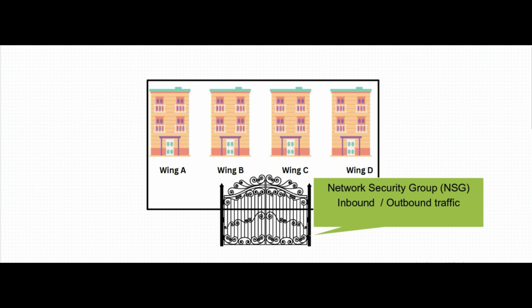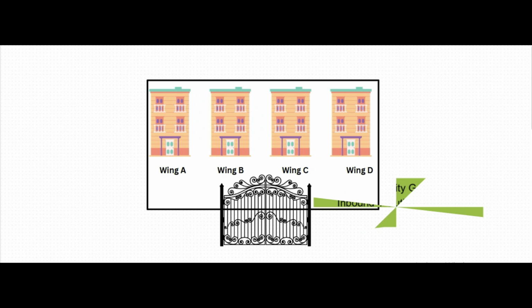Then this entrance gate can also decide who can leave the society, which means outbound traffic. So this is a very quick and simple way of visualizing what a virtual network in Azure is.